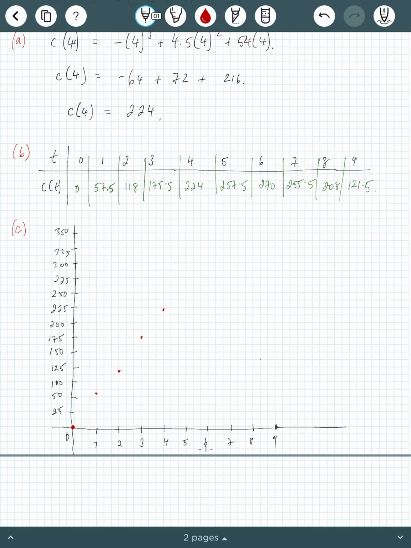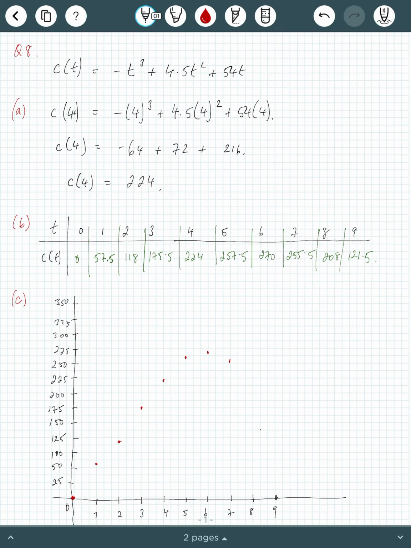And 5 is 257.5. And 6 is 270. And 7 is 255.5. And 8 is 208.